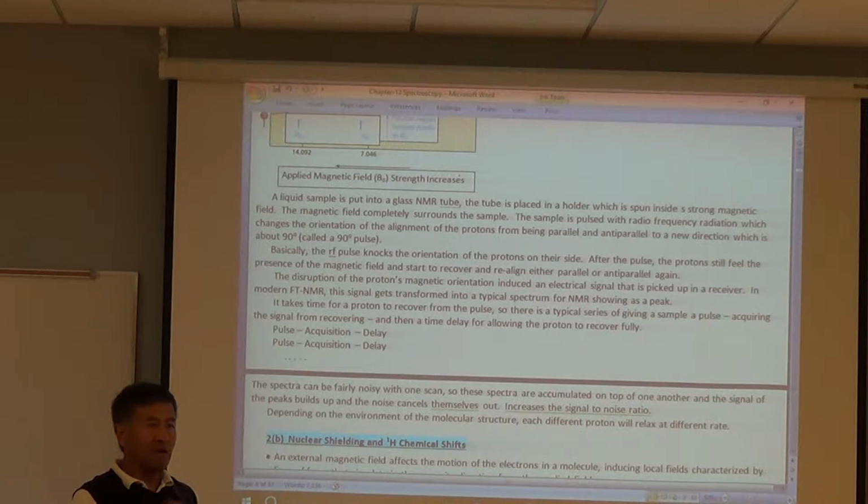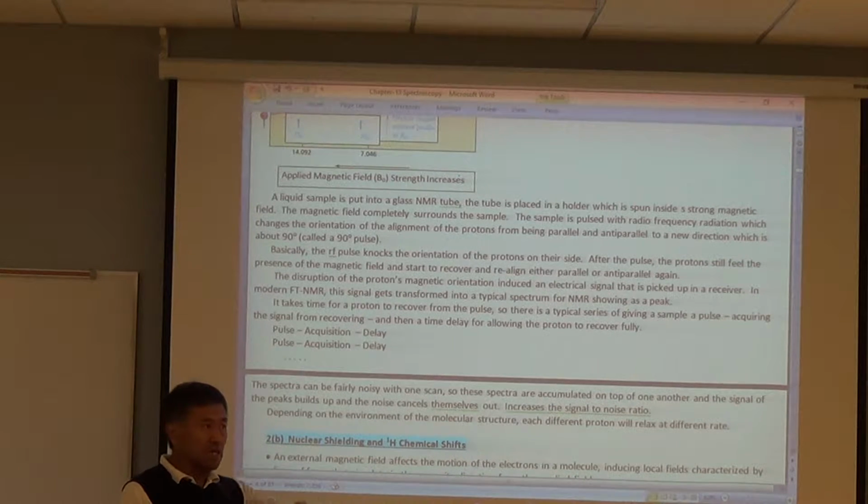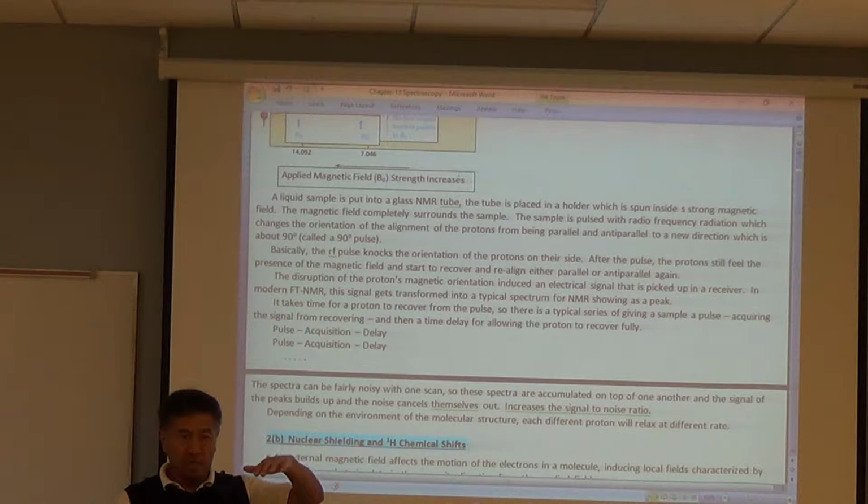Then you apply additional electromagnetic radiation. The purpose of the magnetic field is just to separate the spins into parallel and anti-parallel. Once you have the difference between these two levels, you apply another signal.